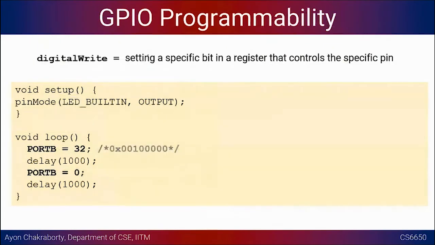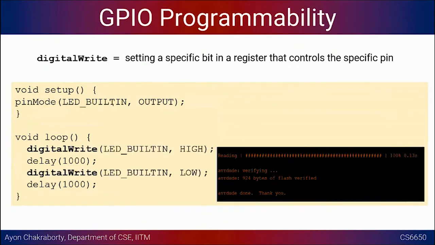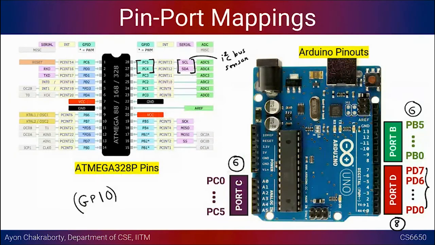Now, since we are dealing with this built-in LED, which happens to be pin number 13 in the case of Arduino, this happens to be port B, right? So this is pin number 13, which is PB5. You have to remember it like this. So PB5 is the fifth bit in the port B register, right? So port B is one port, and every port, as you will see, has three registers for controlling the input output nature and what data has to be set there, right?